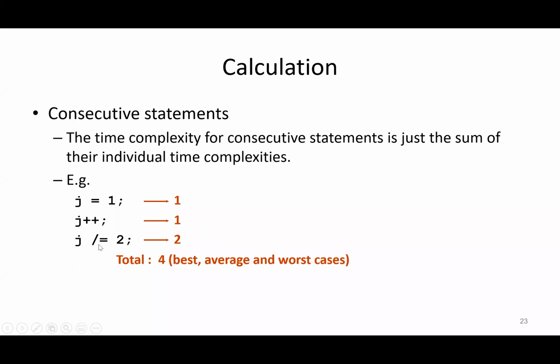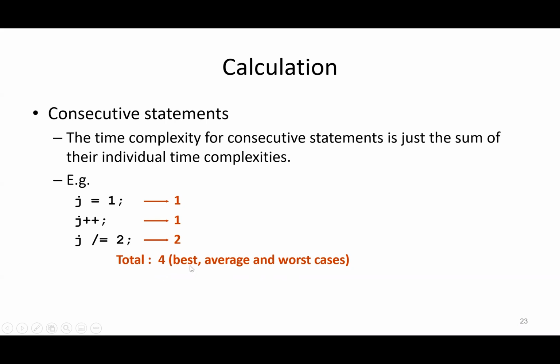This one, j /= 2, is actually j equals j divided by 2, so this will take 2 steps: one step for the equal and one step for the division. So if you have these 3 statements in your code, this will be calculated as 1 plus 1 plus 2, so 4.